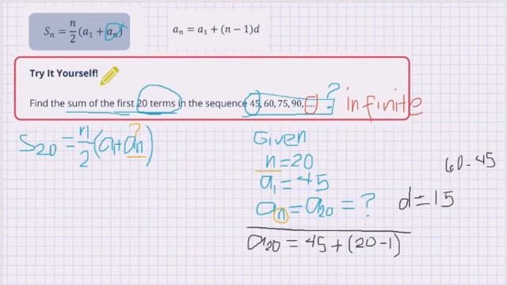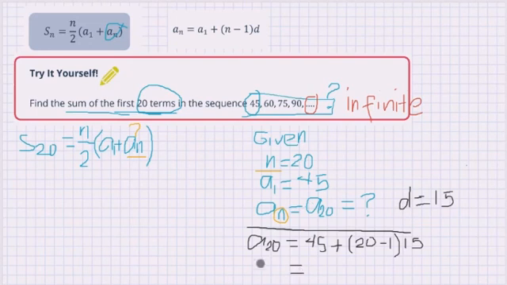We can test that by also subtracting 75 minus 60, the third term minus the previous term, and 90 minus 75. It is consistent, it is common. So 15 is the common difference.